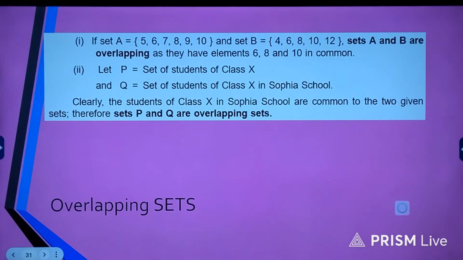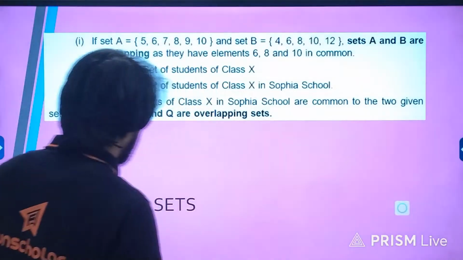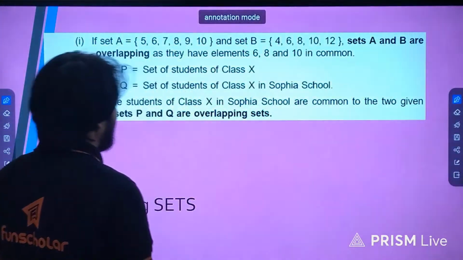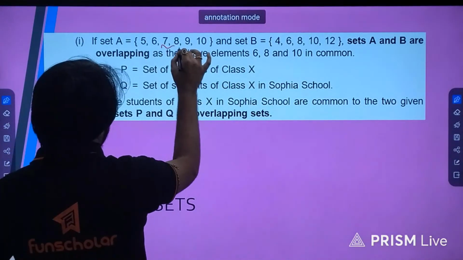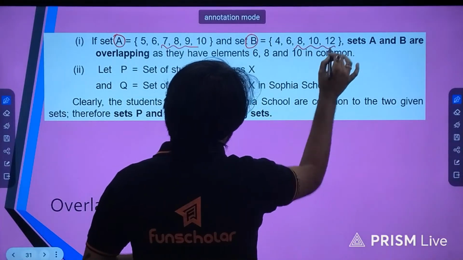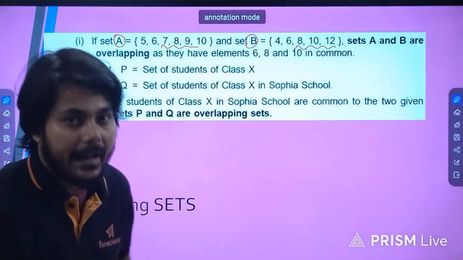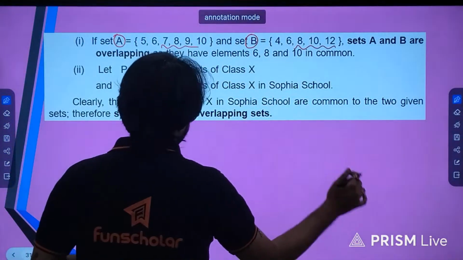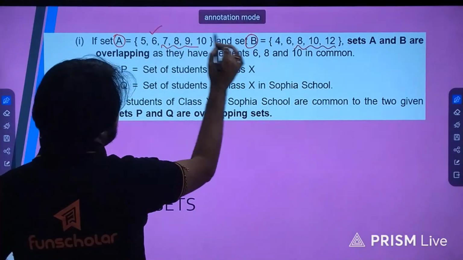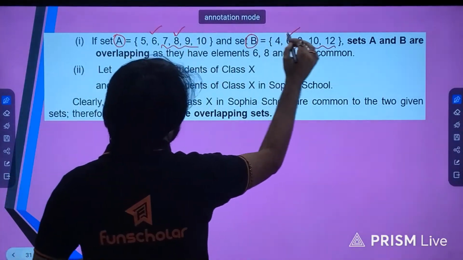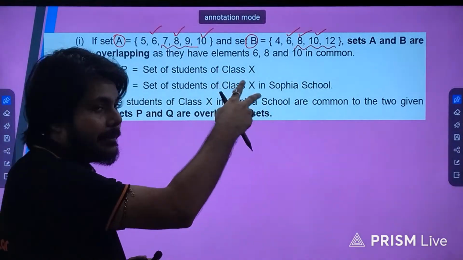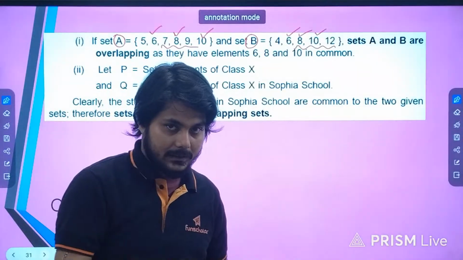Overlapping sets. Overlapping sets simply mean that elements of a particular set will be overlapped with the elements of another set. Suppose you can see that 6, 8, 10 - these three elements are common in both the sets.